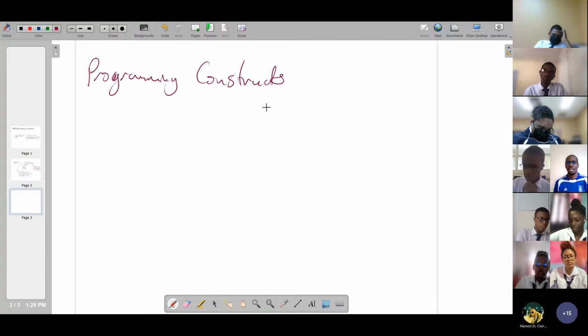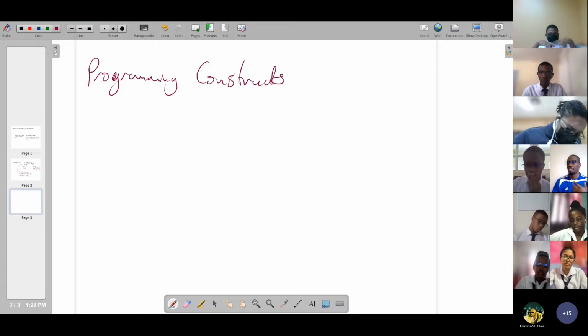The programming constructs allow us to structure programs, to express our logic and work through our logic to achieve a particular task. So is it the one with sequence and selection?